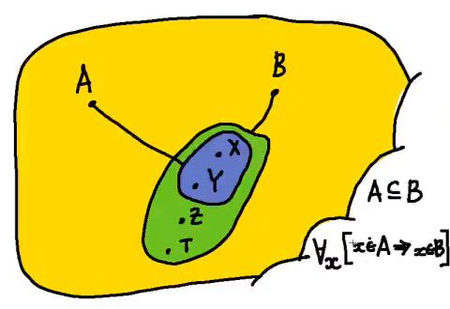So this formula, maybe I should put tiny brackets in here to indicate the scope of the quantifier. So this formula expresses the fact that every element of A is also an element of B. Indeed, it says whatever x set you've got, if it turns out that x is in A, then it must also turn out that x is in B.